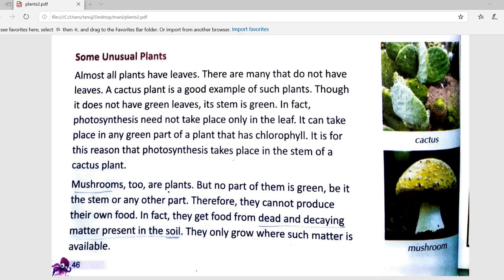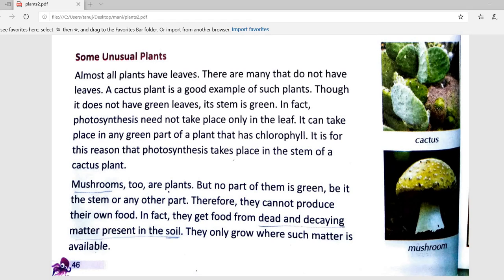A cactus plant is a good example of this. In the cactus plant, the preparation of food, the process of photosynthesis, goes on in the stem, because the stem of the cactus is green in color, so chlorophyll is present in the stem, and the stem prepares food for the cactus plant.